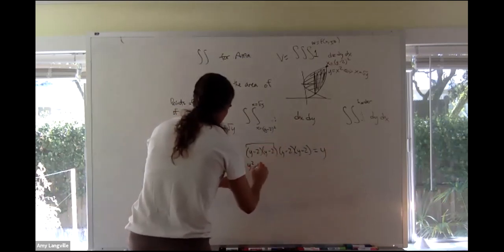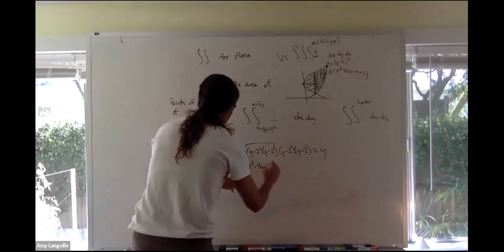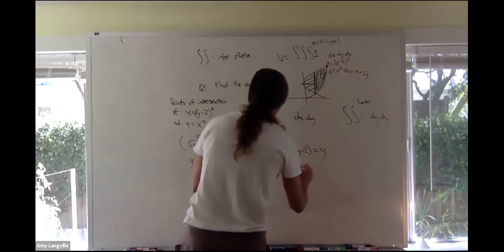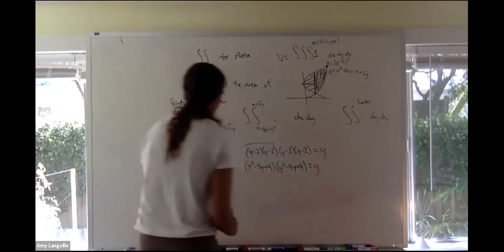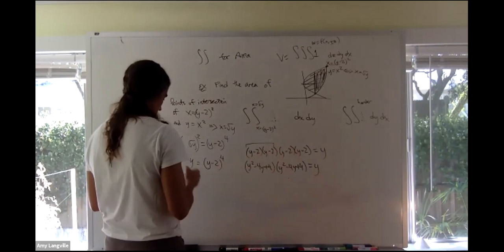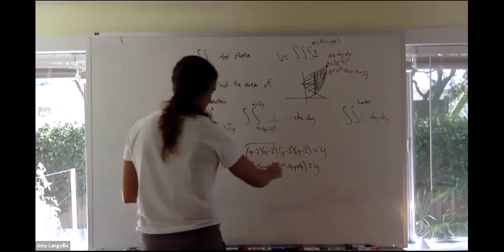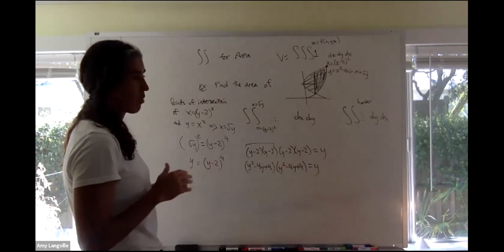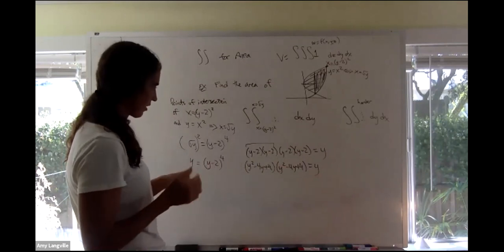y squared minus 4y plus 4 times y squared minus 4y plus 4 equals y. Lots of distributing, and you're going to get the highest power. So it'll be a quartic equation that we can't solve by hand. I can tell right away it's not going to be a nice one.